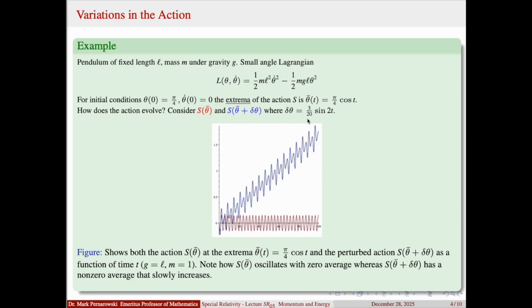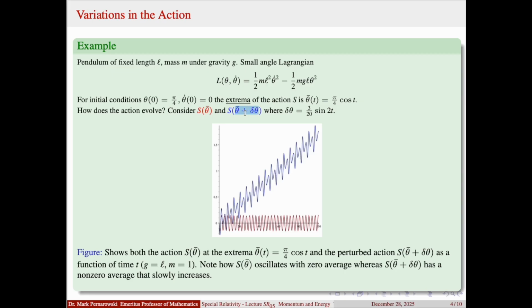So if you wanted to compare the action at this extrema, this is the answer. This is what nature does. It is the extrema. It's the thing that's minimizing S. So that's this thing in red. Let's suppose I want to see, well, what would happen to the action near the extrema?